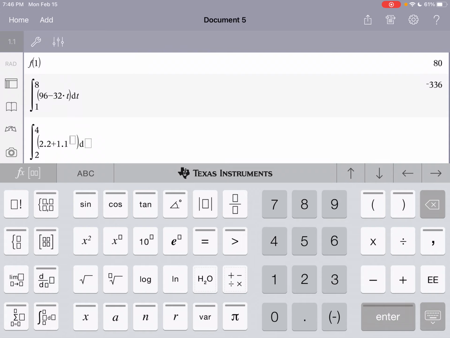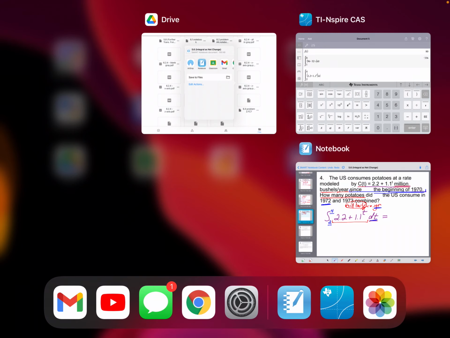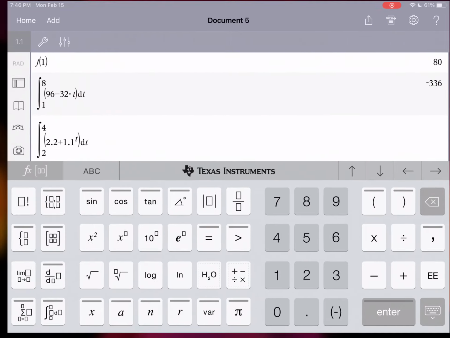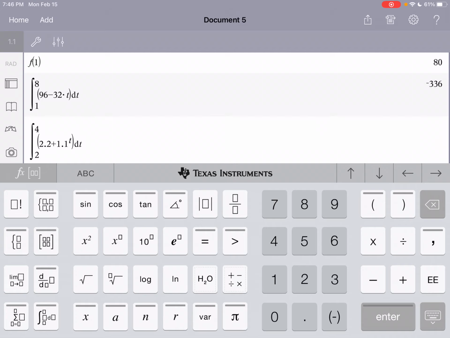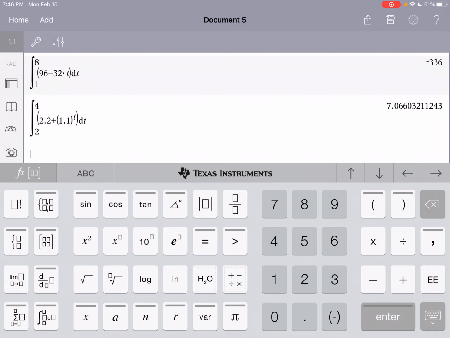Again, the variable you use doesn't matter, but I'm going to try to do this right with the t, and we're measuring all this with respect to t. Let me make sure I've got that right. 2.2 plus 1.1 to the t power from 2 to 4. Everything looks kosher to me. So I'm going to hit enter, and there we go.